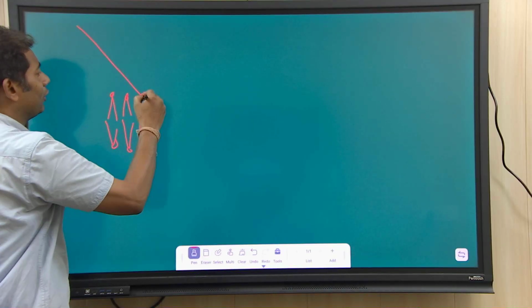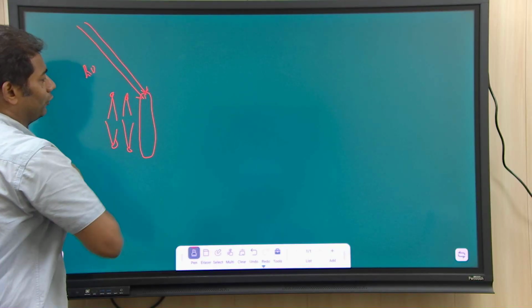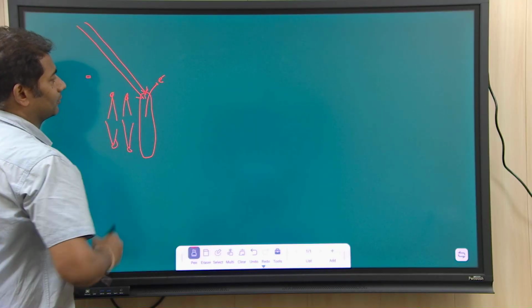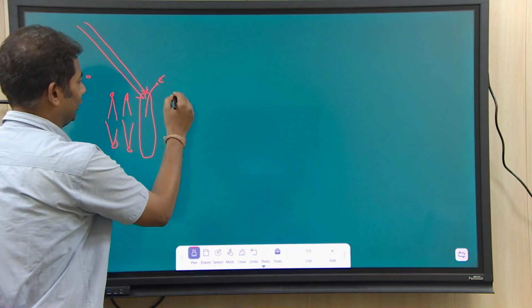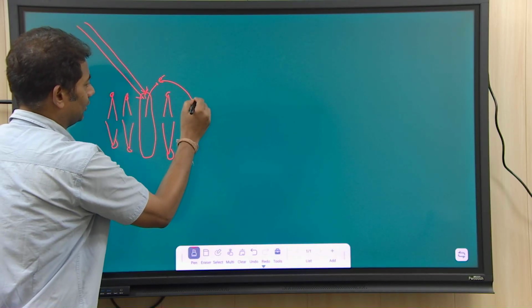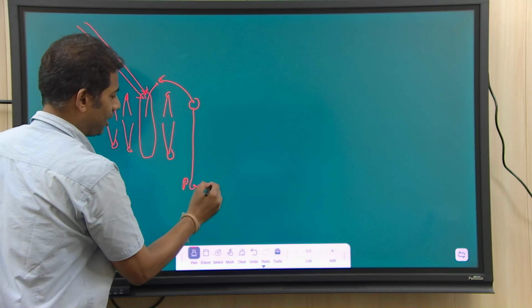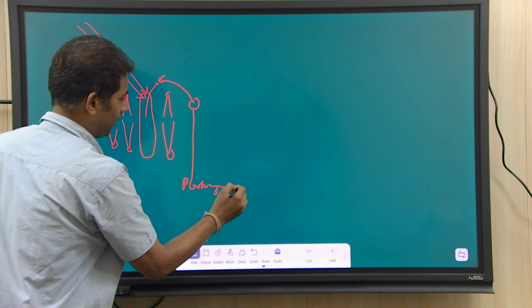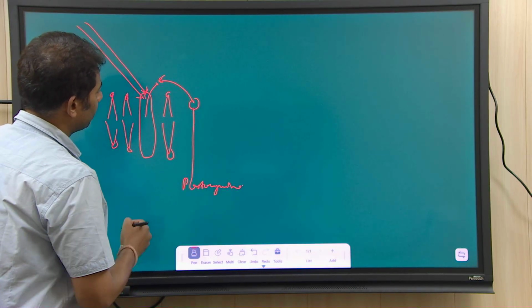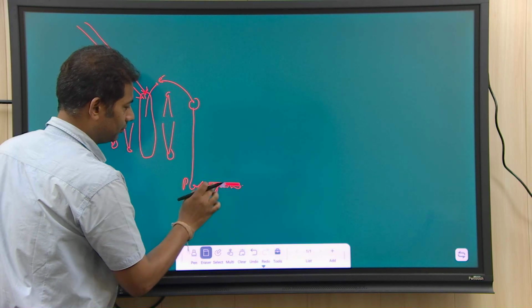When sunlight falls on it, photons fall on it, and the electrons are excited. These electrons are trapped by another molecule, that is plastoquinone.